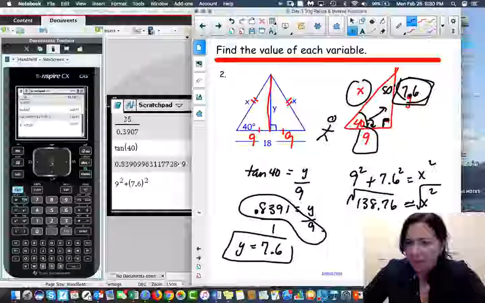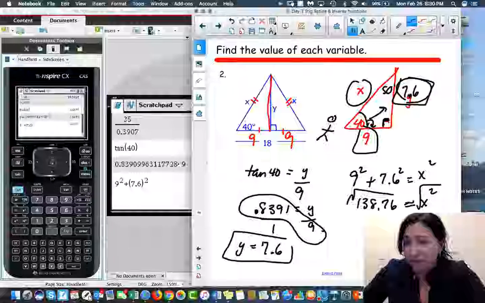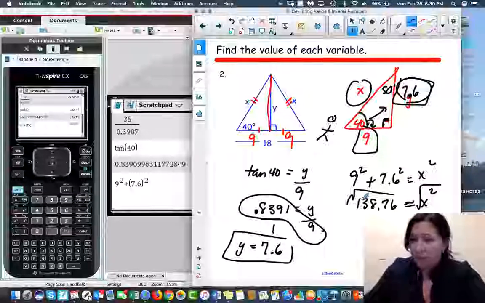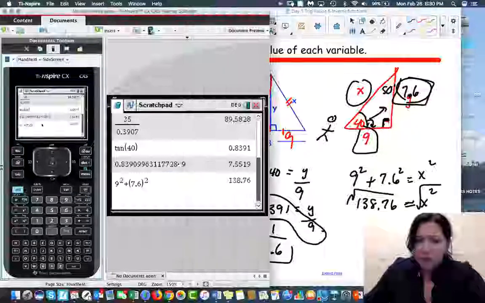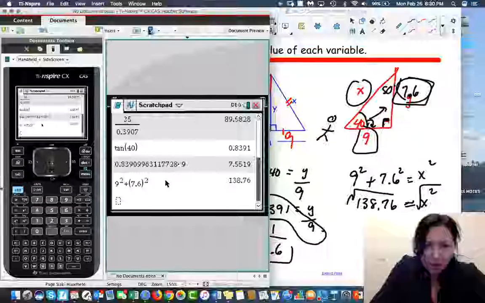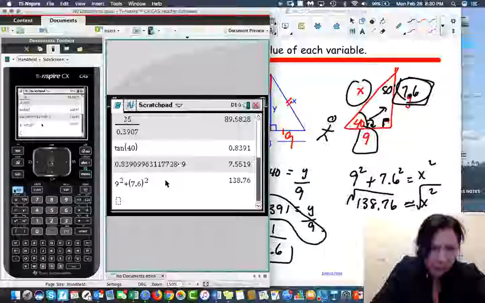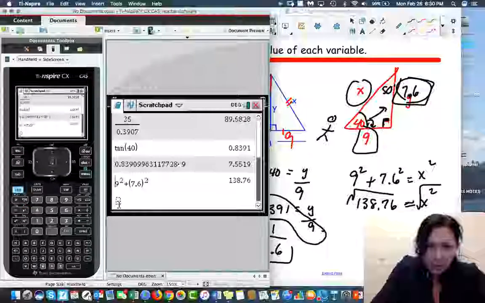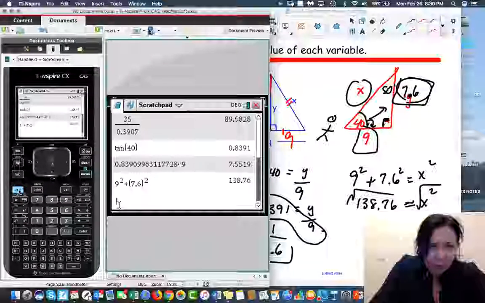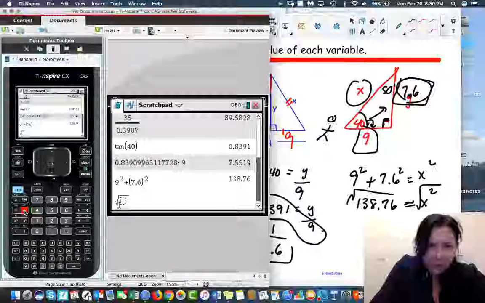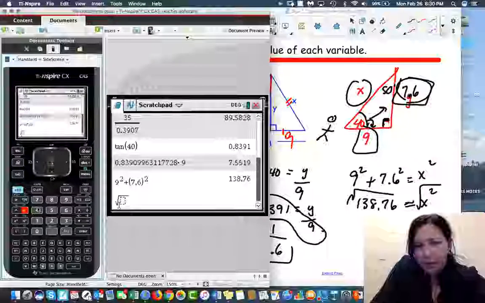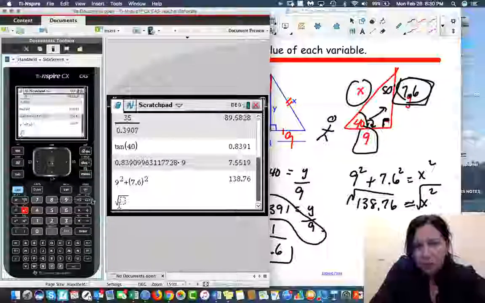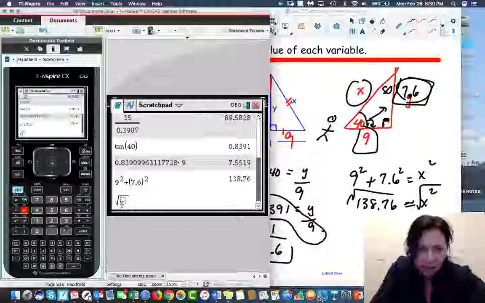So now I have to square root both sides, and I'm going to get x is equal to about, because I did round, the square root of that. On your calculator, in order to get the square root sign, you need to go second, which is control.